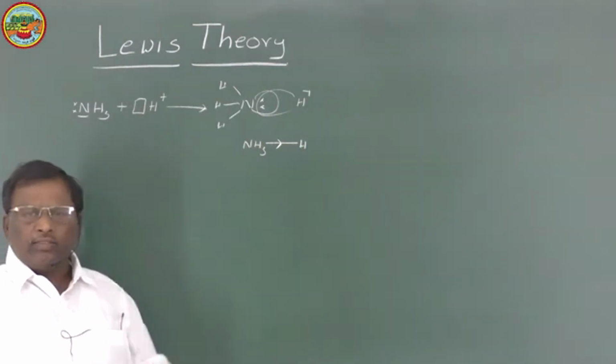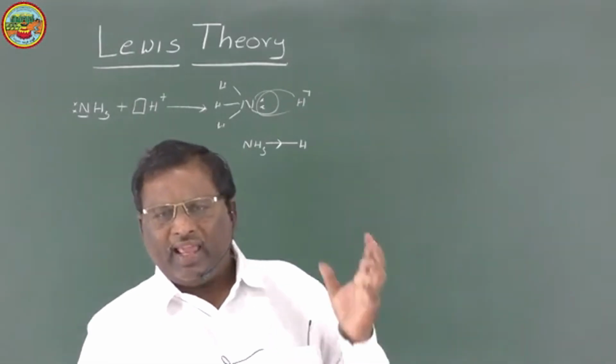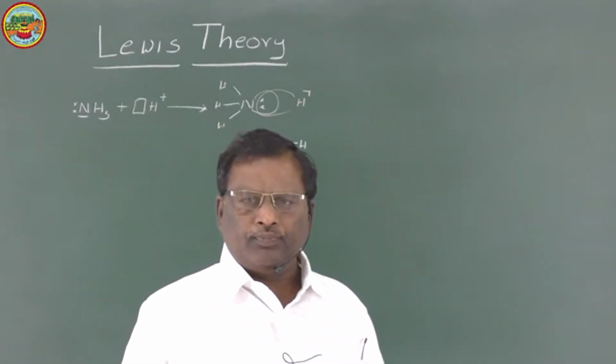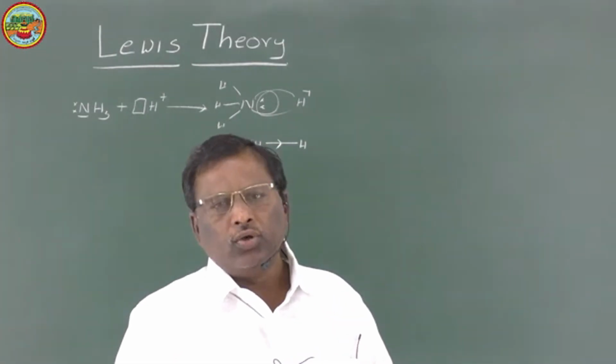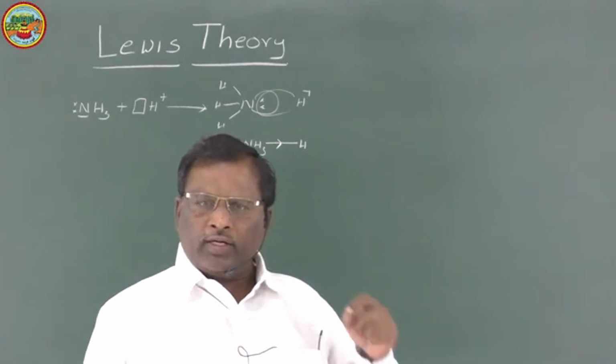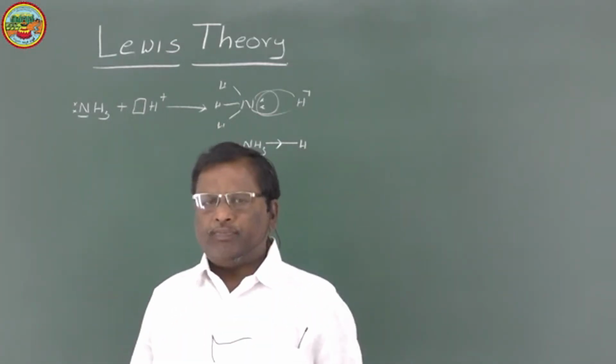Now the question is, what type of species can accept a proton? That means the classification of acids according to Lewis theory. According to Lewis theory, an electron pair acceptor is an acid.